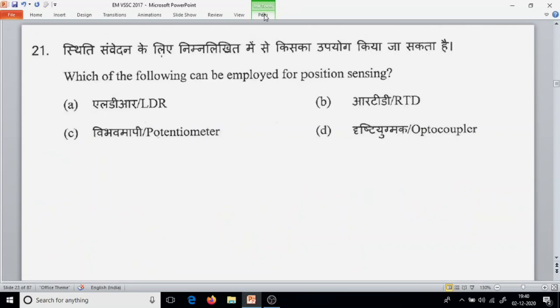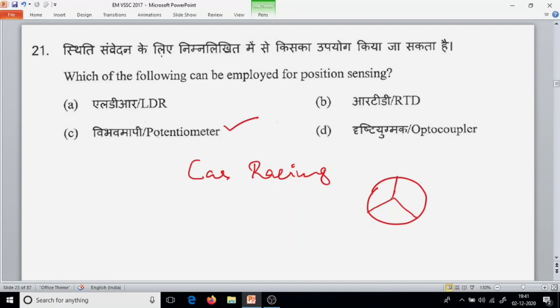Question number 21. Which of the following can be employed for position sensing? Answer is potentiometer. How potentiometer? If you go to a shopping mall, car racing games are there. If you go there, you are turning the steering wheel.